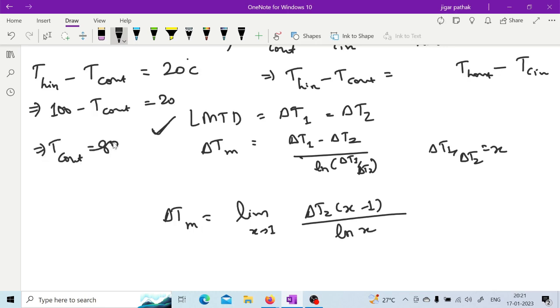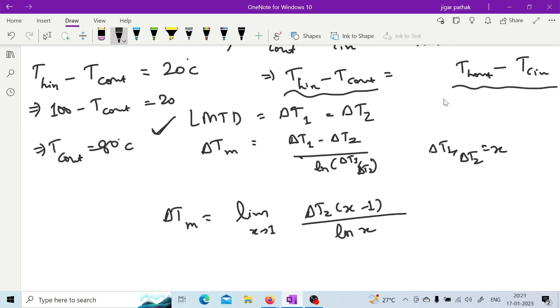Sir, what is the reason behind x tends to 1? I mean, as both are equal, delta T1 and delta T2, then only it will go to 0, and then only we have to apply the L'Hospital rule, right? Sir, why are they equal? Here we have derived this, right?